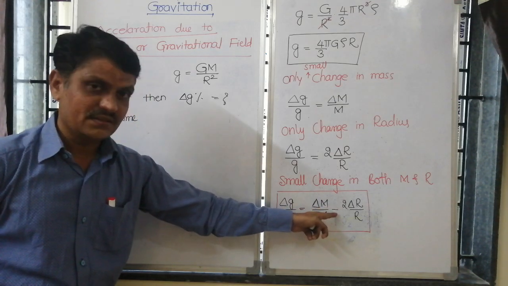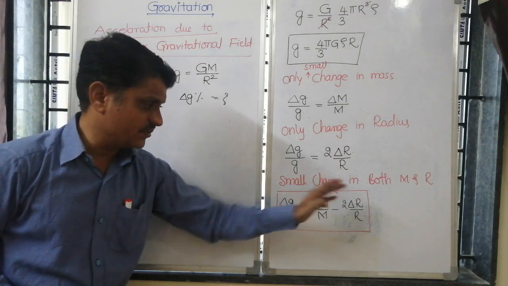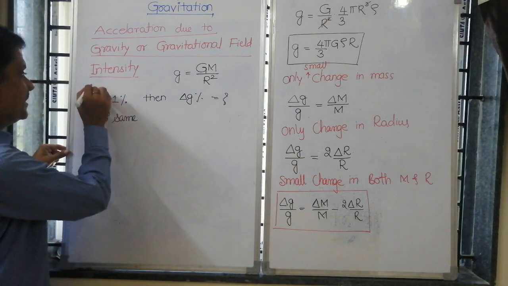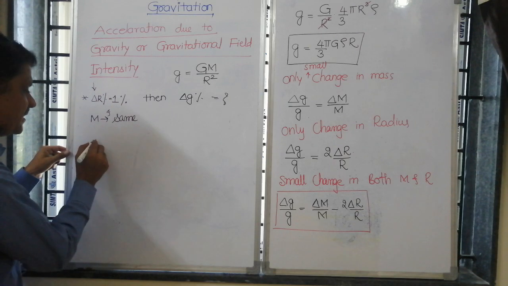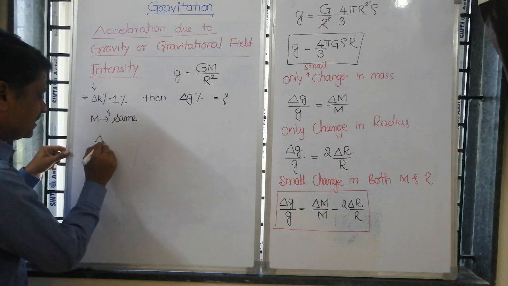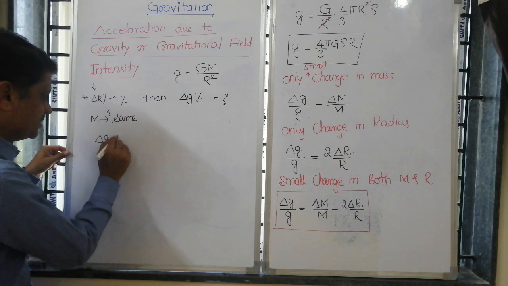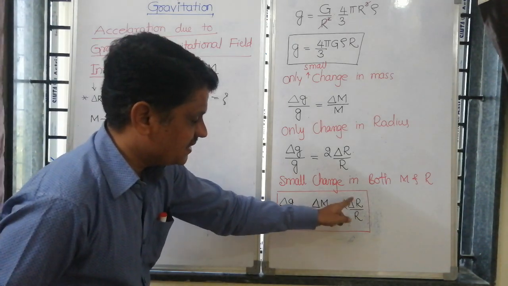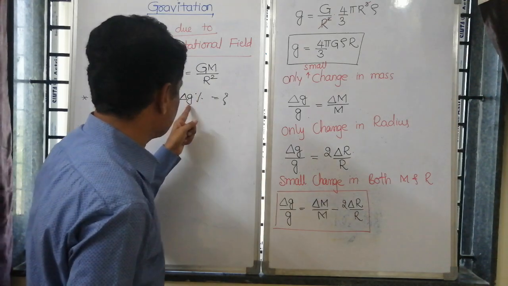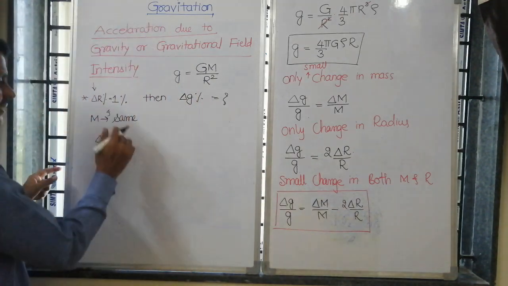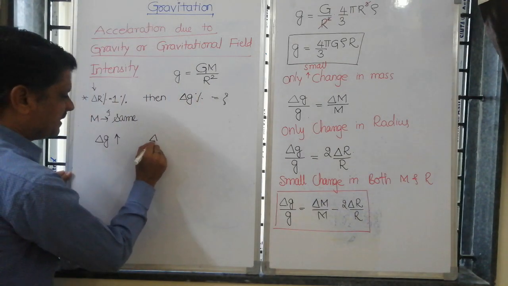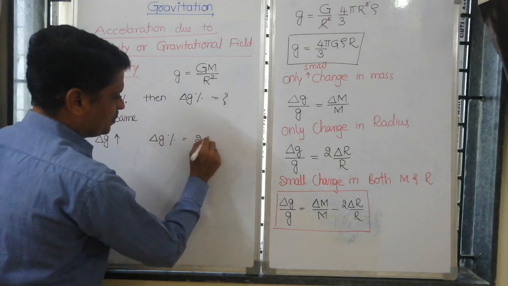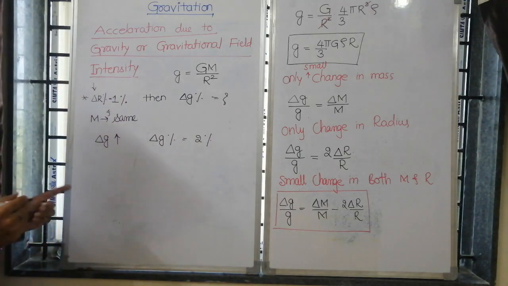The minus indicates that g and R are inversely proportional. Here I said shrink means decrease. If R decreases, g increases. Therefore, 2 into the percentage change in R, which is 1%. Therefore, the percentage change in g is 2 into 1%, which is 2%.